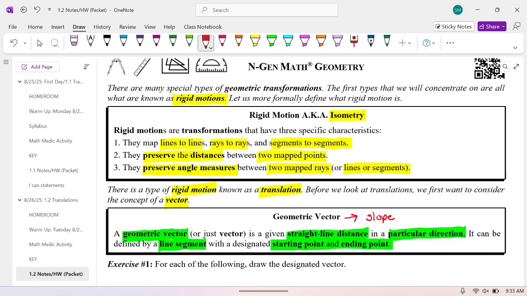I'm asking, how do you find slope on a graph? Not y over x, but you're close. It would be the difference of y over the difference of x. But it is also rise over run. So when we think of slope, we think of the difference of y over the difference of x, or in other words, rise over run.